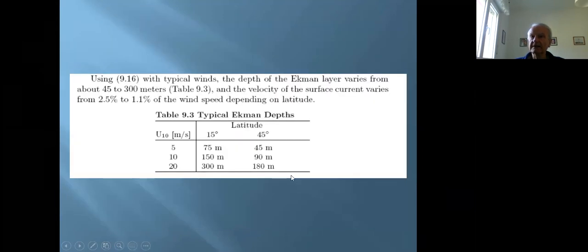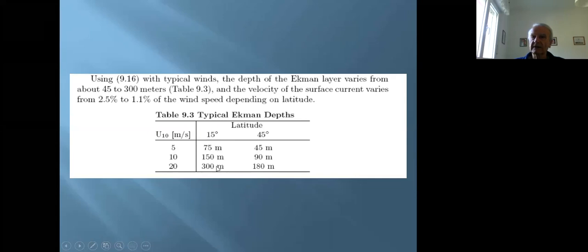And these are the typical Ekman layer depths at 15 and 45 degrees for different wind speeds: 5 meters per second, 75, 45; 150, 90; 300, 880.